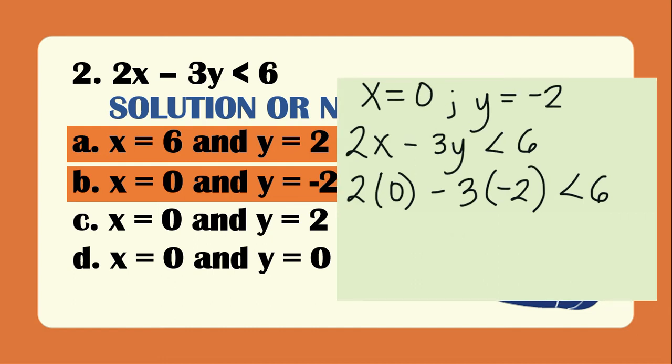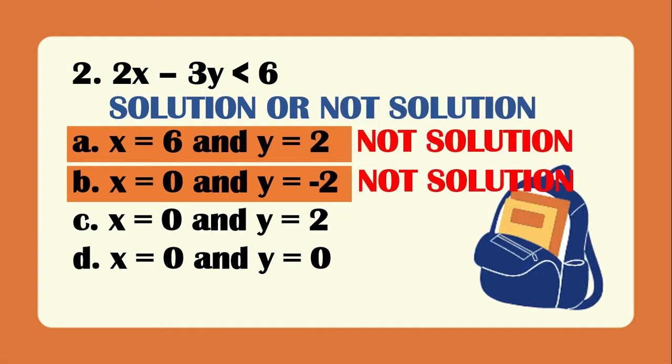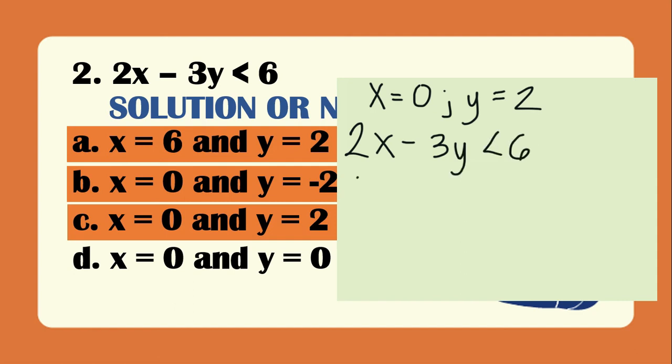We have negative 3 times negative 2, that is positive 6 less than 6. Still, this is a false statement. Therefore, letter B is also not solution. How about the third one? X is 0 and y is 2. Substitute the values of x and y.